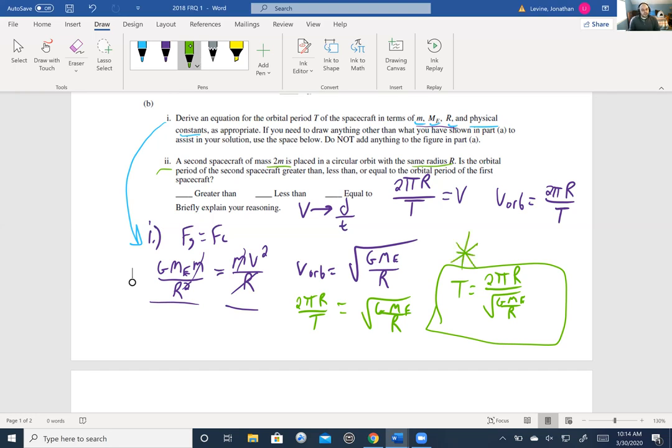Is mass even playing a factor here? Is there any mass in our orbital period equation? I guess there's a mass, the mass of the Earth. But is the spacecraft's mass here? No. So as a result, this must be equal to.